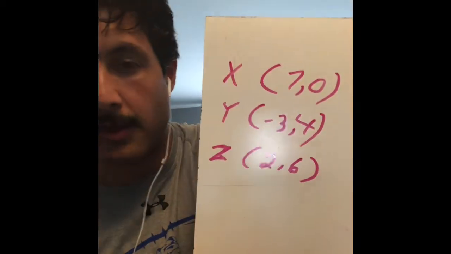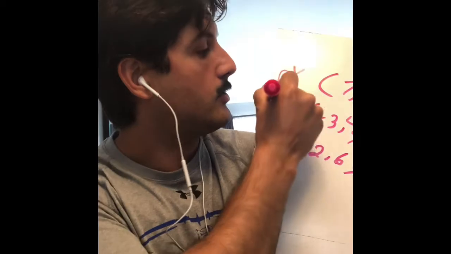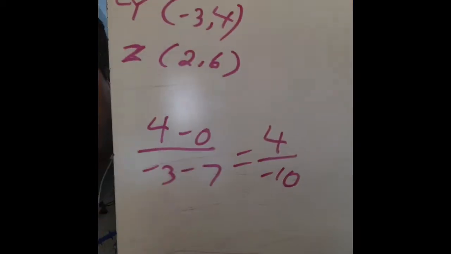So there's my 3 points again, X, Y, and Z. Let's try X, Y first. So Y2 minus Y1, same process, same ideas. We have 4 minus 0 over negative 3 minus 7. And negative 10. So there's my calculations.